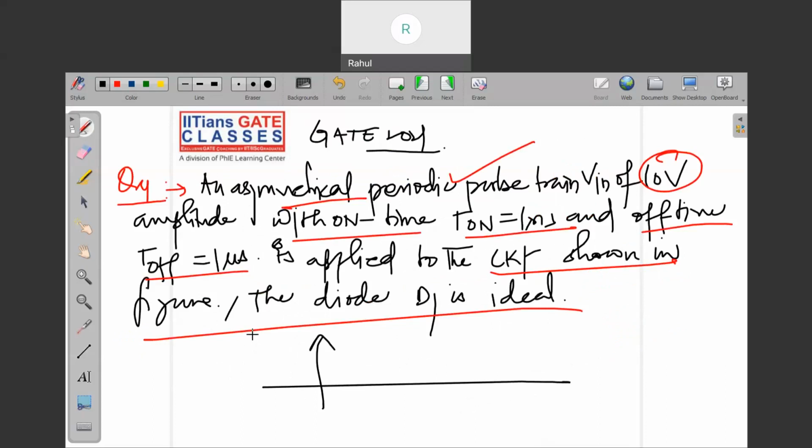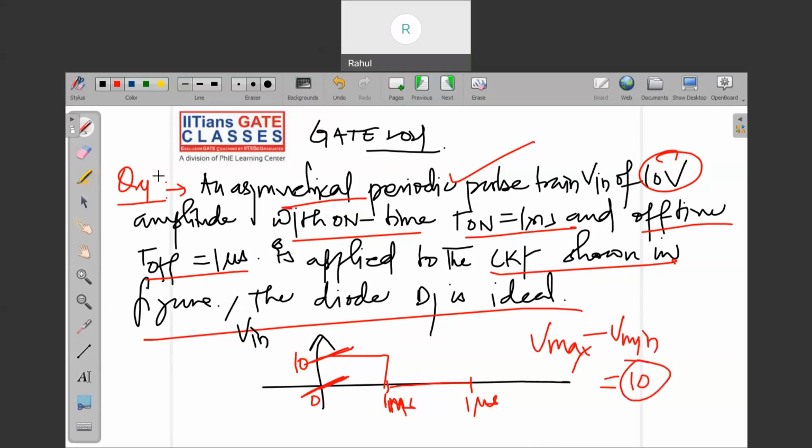See, the input waveform is this kind of waveform. On time is 1 millisecond, so it is 10 volt. You can see it is 10. Again, it is off for 1 microsecond, like this. So what is the maxima here? 10. What is the minimum here? 0. So V max minus V min is equal to 10.